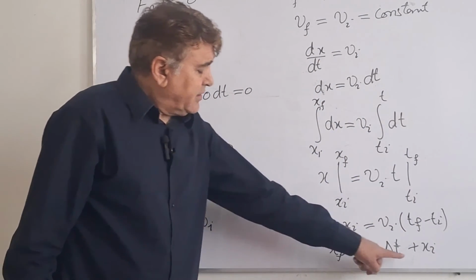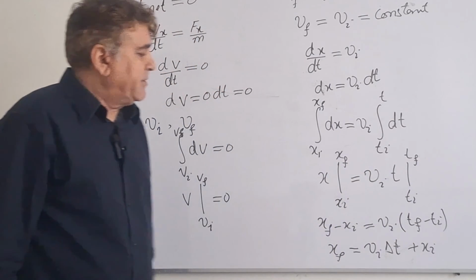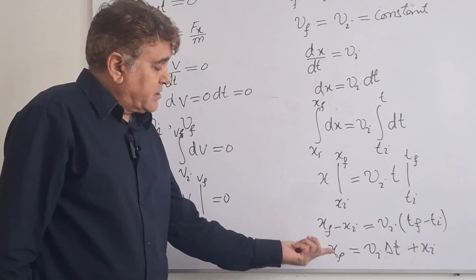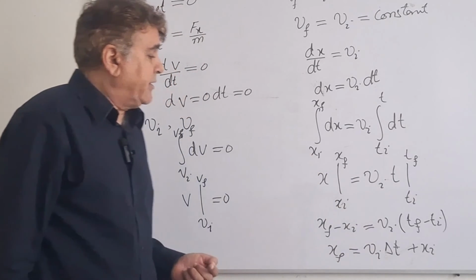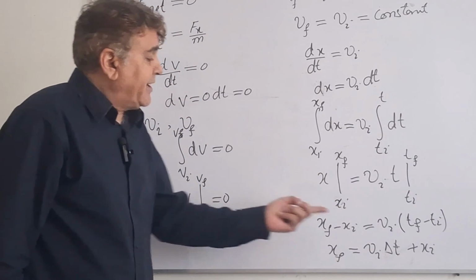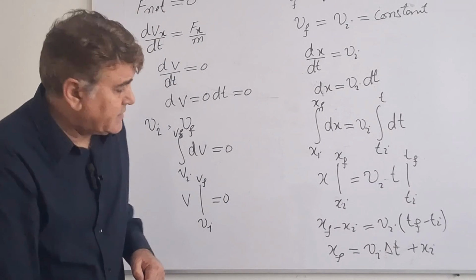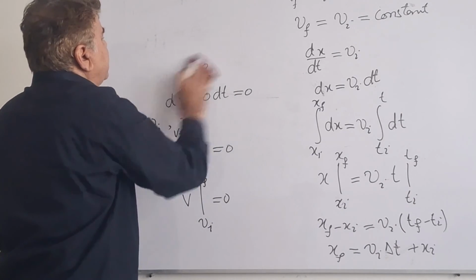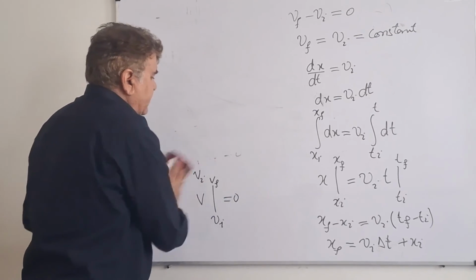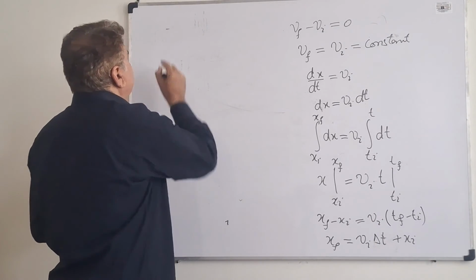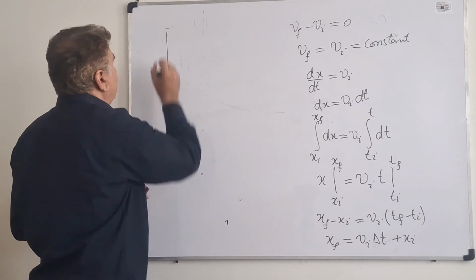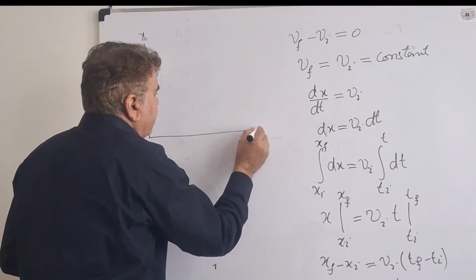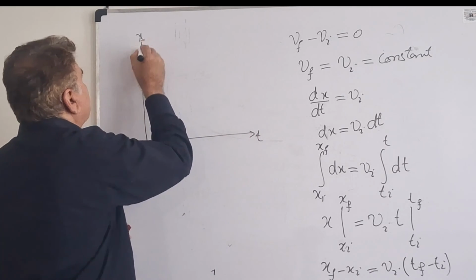Now this equation defines the trajectory of the particle, and you see that this in fact is a straight line equation in the position-time plane. If I want to plot this equation in a position-time plane, I take the position along the vertical axis and the time along the horizontal axis.